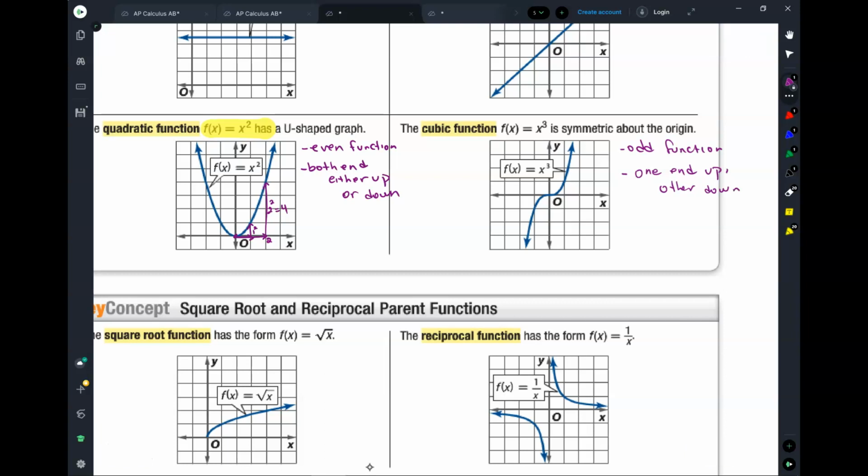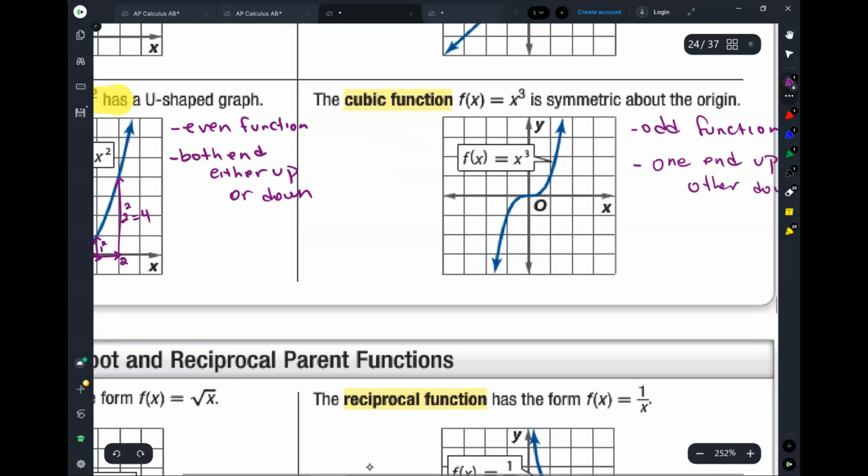No. Like an odd function, these also have to be centered at the origin or on the y-axis. So if I shift this one, it'll no longer be an even function. F of x equals x squared is an even function. Not all quadratic functions are even functions. However, they do exhibit the behavior that they have the same end behavior. Okay? More on that in the next chapter as well.